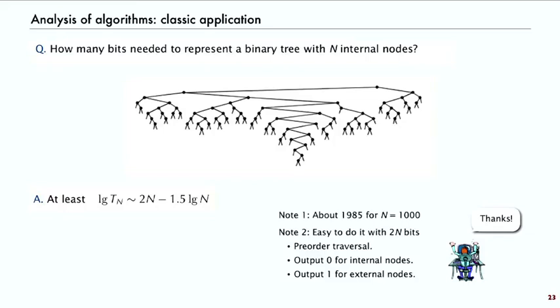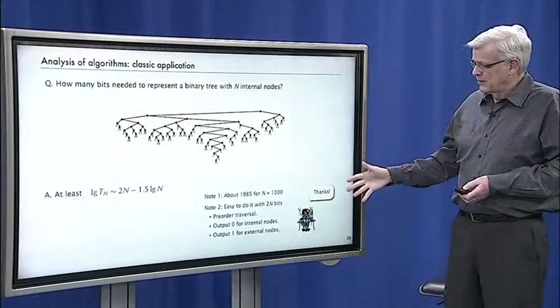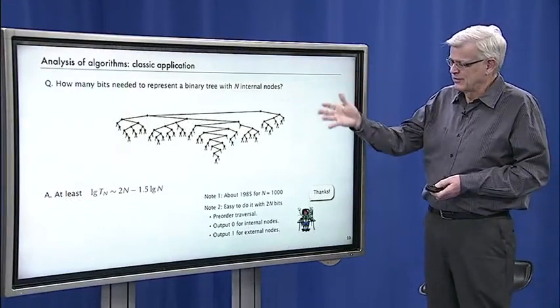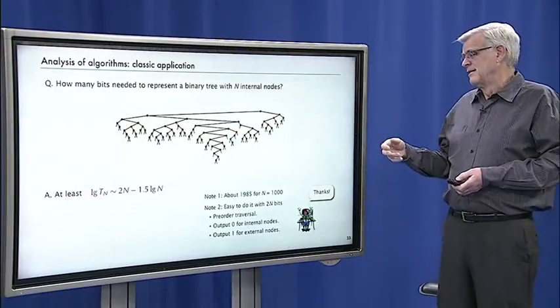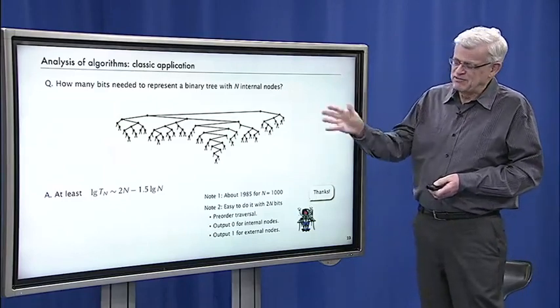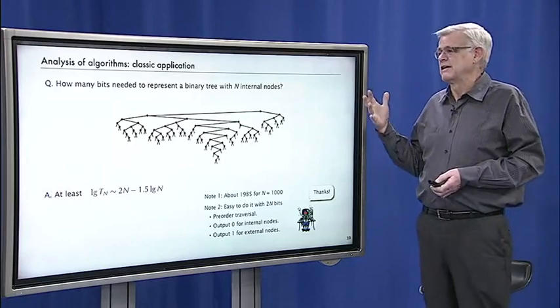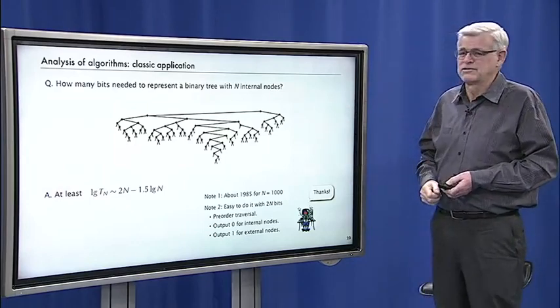You just do a pre-order traversal and output a 0 when you hit an internal node and a 1 when you hit an external node. So that kind of answer is very satisfying to our programmer. You can do it with 2n bits, and the best you could possibly do is a little less than 2n bits, and that's the kind of answer that we want to see.